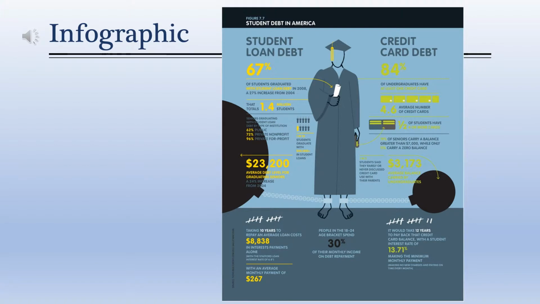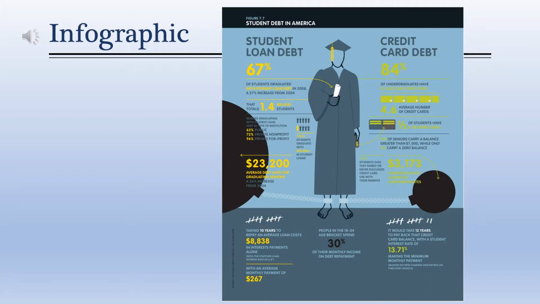So let's consider some of these modes as we examine this infographic argument about student loan debt. Now the infographic is pulling upon the linguistic, the visual, and the spatial modes particularly. As you examine this infographic, I hope that you will note it's actually divided into quadrants. So if we drew a line down the center of the page, we would note that there are actually two different types of debt being referenced.